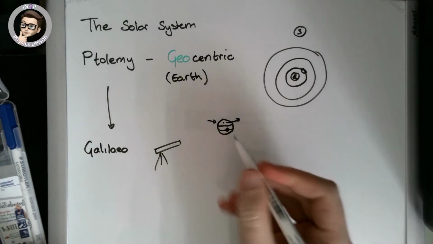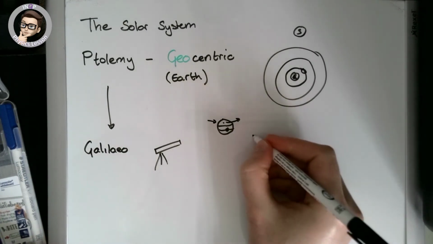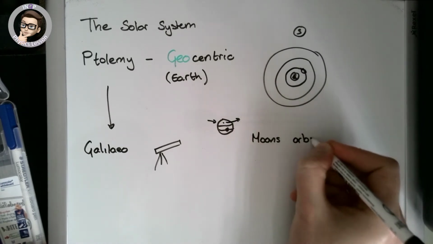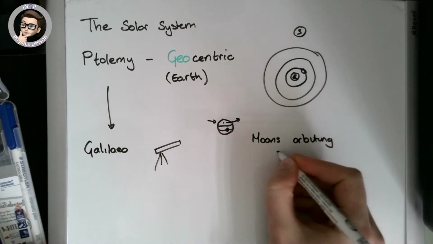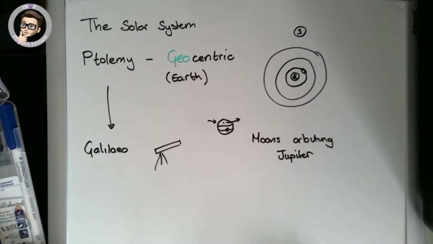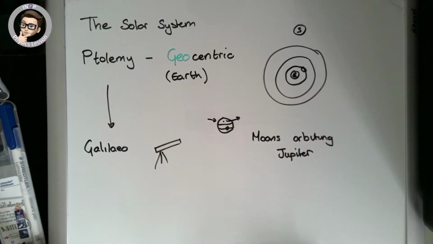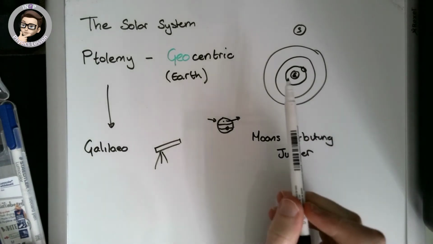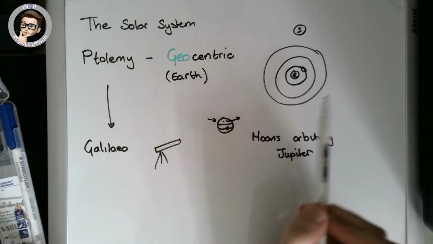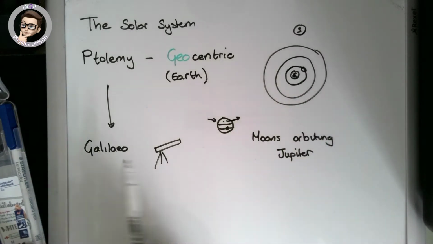And he realised that actually these shadows were the moons of Jupiter that were orbiting Jupiter itself. So using his telescope, he was able to determine that these moons orbited Jupiter, and it wasn't that everything went round the Earth. If everything went around the Earth, then these moons would not orbit Jupiter, they would orbit the Earth. So Galileo was one of the first to suggest this.